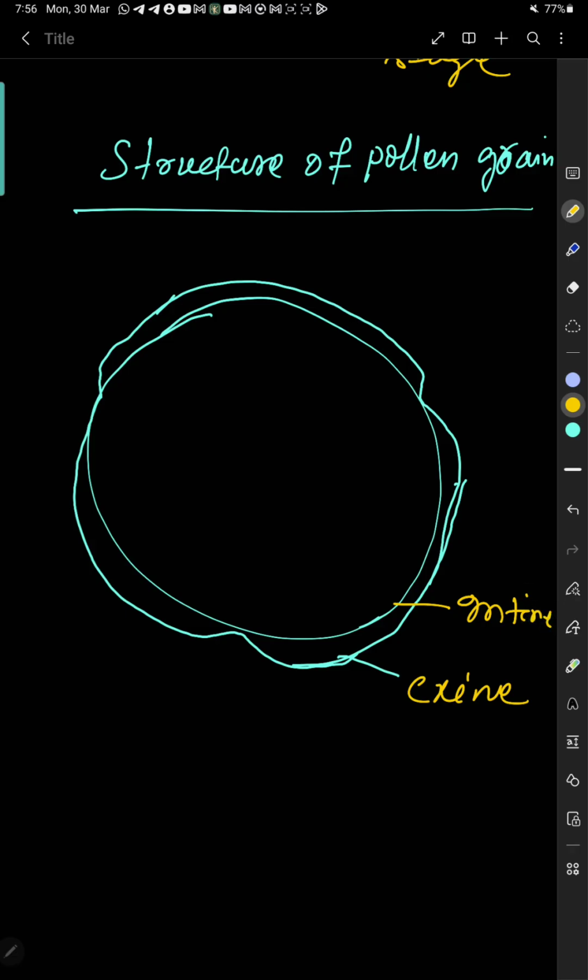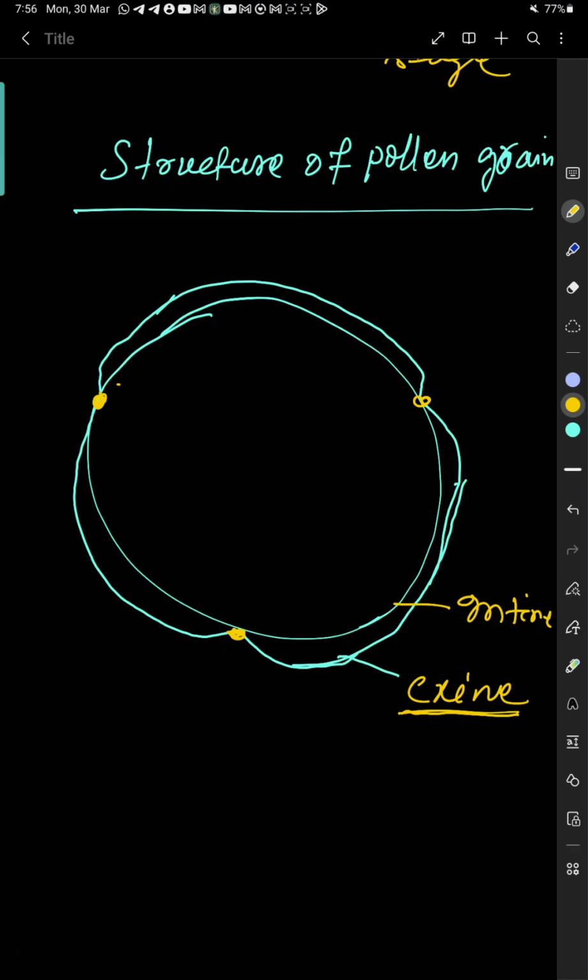Okay, and these are the regions you can mark here, you can observe here. These are the regions where the exine is discontinued. So exine is not forming a continuous layer.